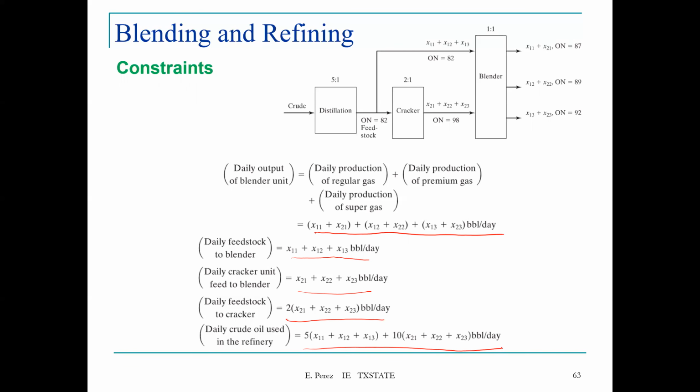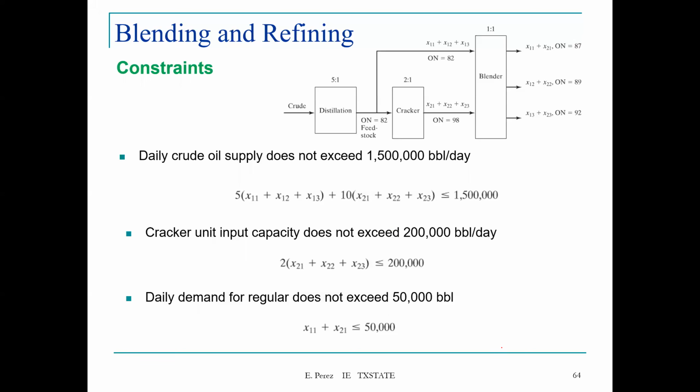So knowing all these expressions, we can formulate the following constraints. So the daily crude oil supply does not exceed this 1.5 million. So the summation of this and this has to be less than or equal to that. And then the cracker unit capacity does not exceed this much.